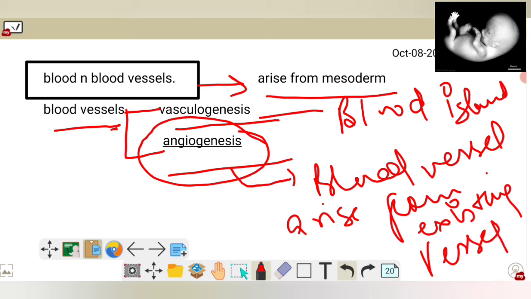This is termed angiogenesis. This is asked in viva: what is the difference between vasculogenesis and angiogenesis?